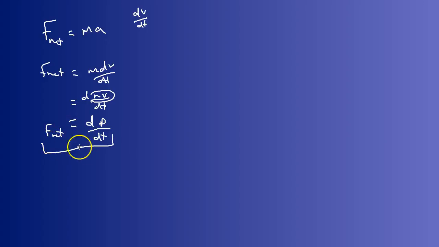Okay, and this is important. We're going to work this around a little bit. We can multiply the dt over, and so we get that dp is equal to F net dt.